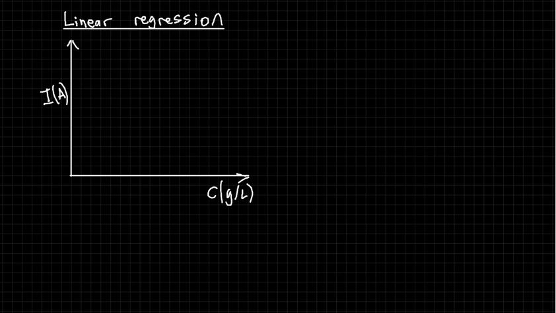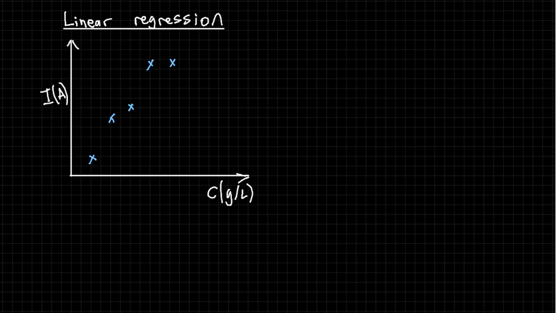So let's say our first measurement down here is kind of there, and then it kind of goes up there and roughly there and there. And let's just say this one here goes down a bit.